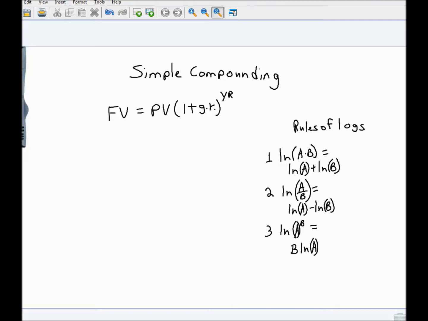So if you haven't seen this formula before, the way you read it is that the future value of something is equal to its present value times 1 plus the growth rate, raised to the number of years out that it is. So if we were going to calculate the average inflation rate from, say, the year 2010 down to 2000, it would be like this.